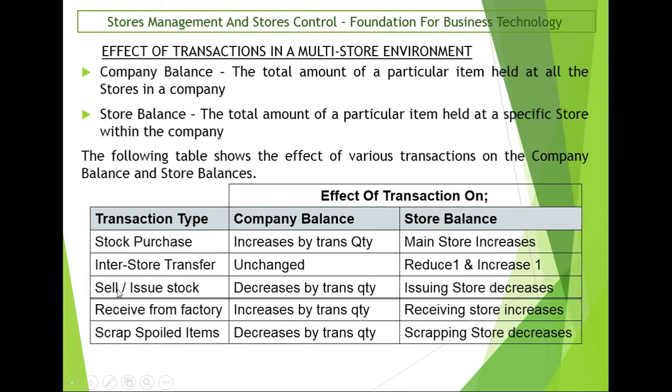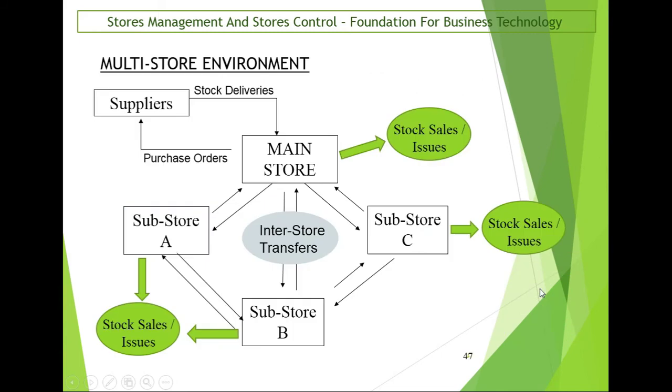Then next, when we sell or issue out stock, the company balance decreases by the transaction quantity, and the issuing store also decreases by the same quantity. This is because when we sell or issue out the stock, we are now taking the stock out of the store's system. It's no longer part of our balance.